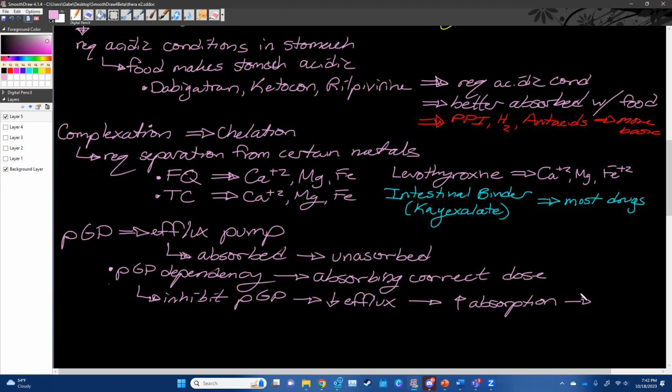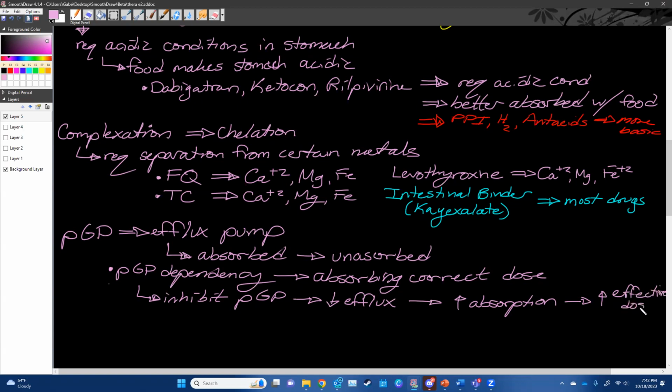Up, right? If you're absorbing more drug, that means more drug is entering the body, and so more is available, right? So does that mean that technically your dose has increased or decreased if you inhibit P-glycoprotein? Increased. And we call this the effective dose.